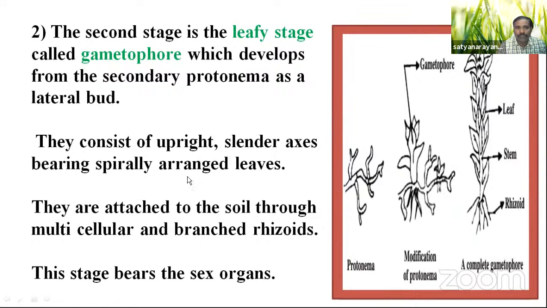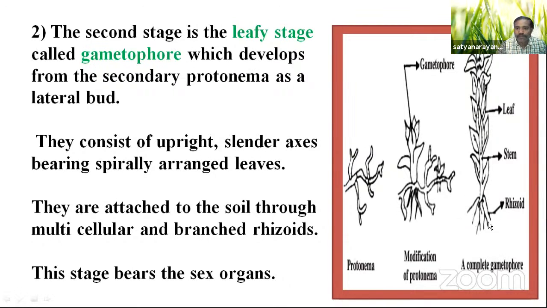So what is the structure of the gametophore? The gametophore consists of an upright, slender axis. They consist of upright, slender axes with spirally arranged leaves. So here you can see the leaves; the leaves are spirally arranged. So the gametophyte is slender, upright, and bears these spirally arranged leaves.